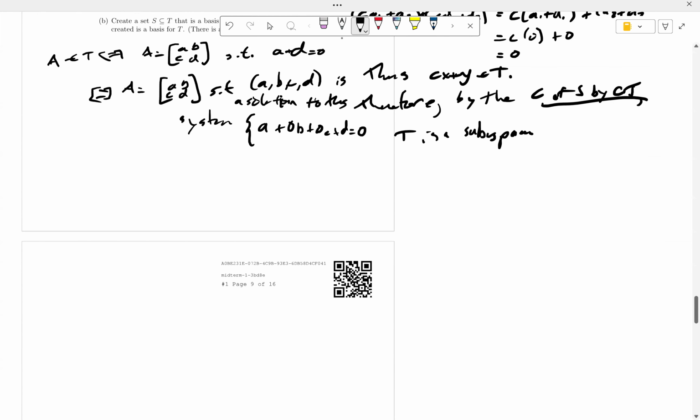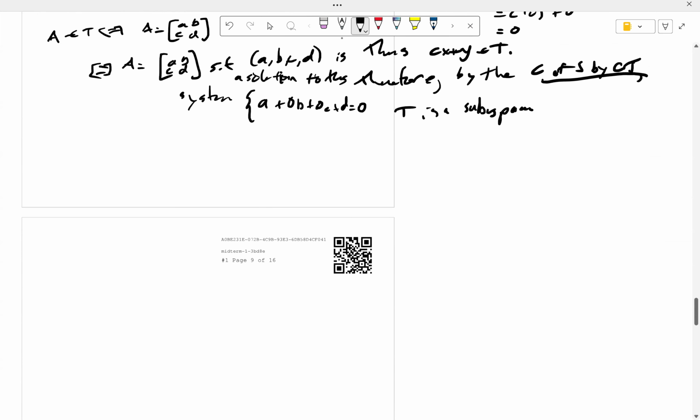Okay. Now that I have that system of equations, note that it's a single expression and the leading coefficient is 1. So this is a system of equations in echelon form, which means I have 3 free variables. The basic variable is A, and the free variables are B, C, and D.